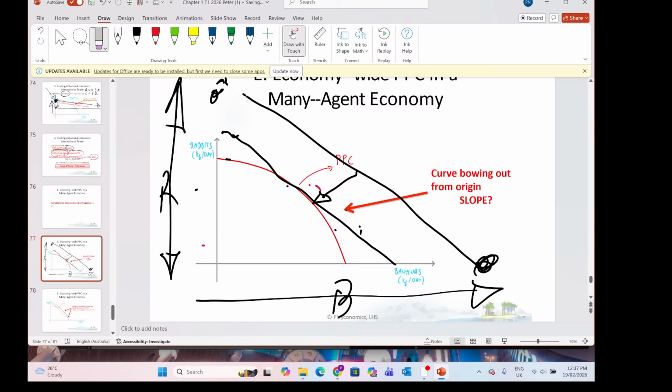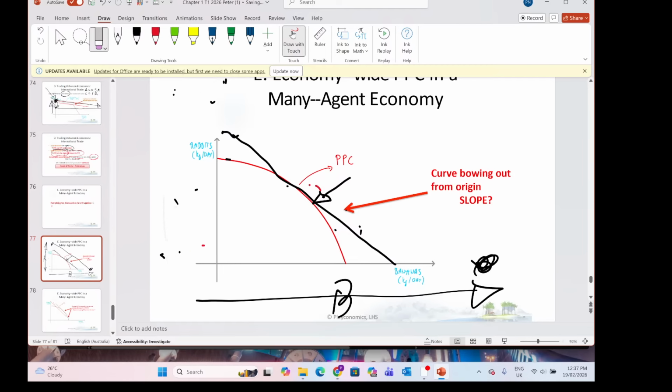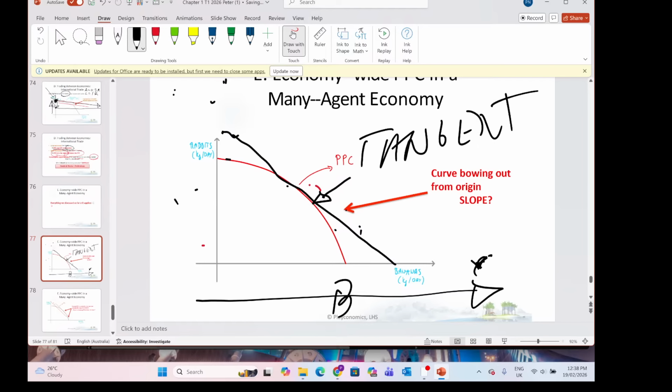We then get rid of the outer line. We've only used that outer line or the inner line to give us the slope of the line. We then make that a tangent. Right? We make that a tangent to the production possibility curve.